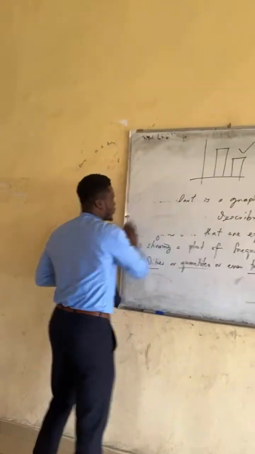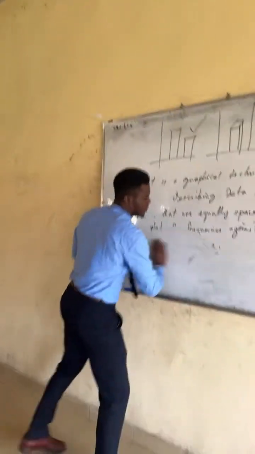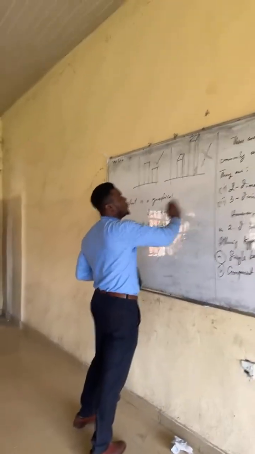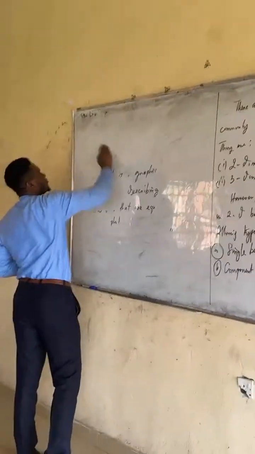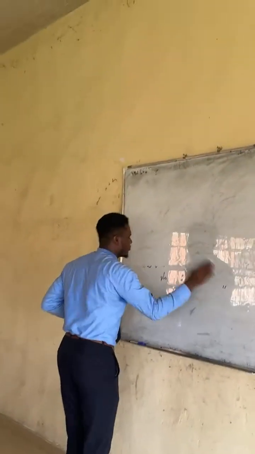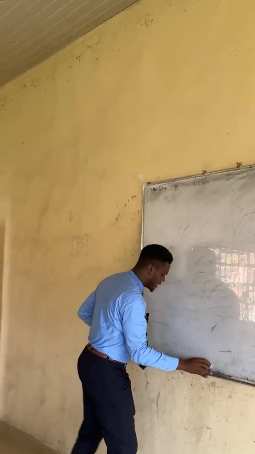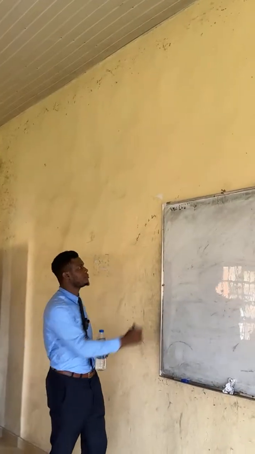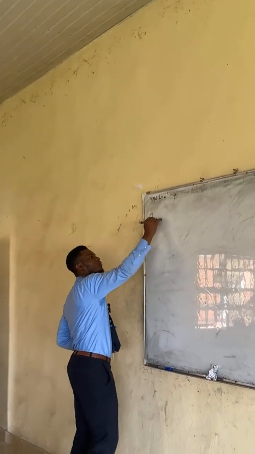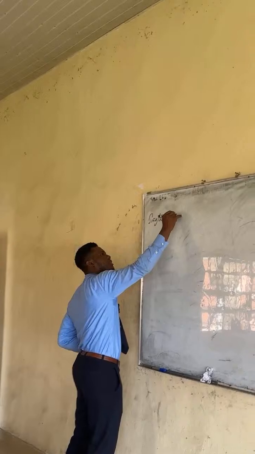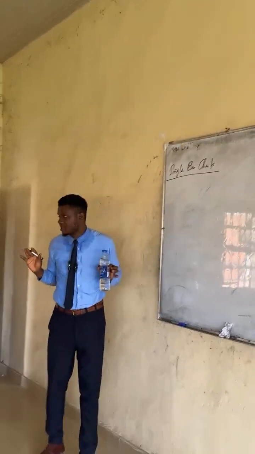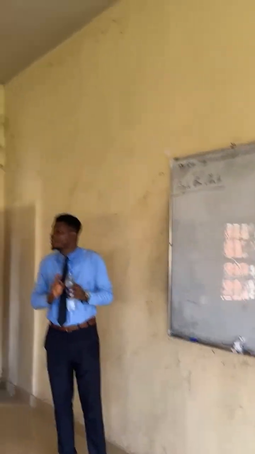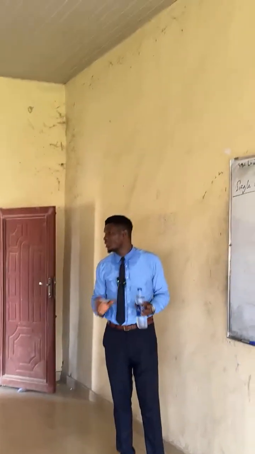So let's answer this question. Let's start with single bar chart. Are we there? So, single bar chart. Now, please, some textbooks will just call this bar charts, or ordinary bar chart, if they don't call it single.